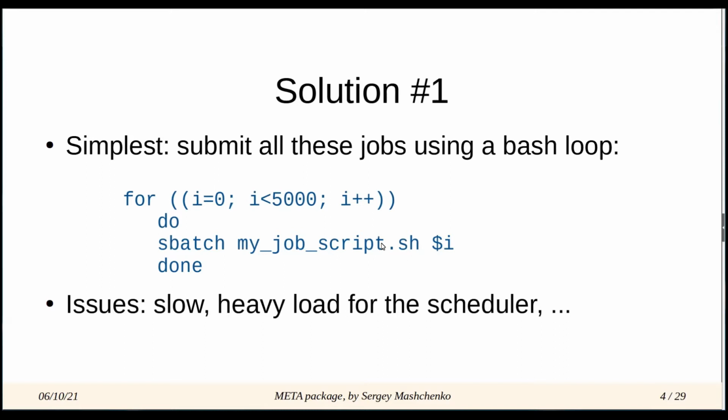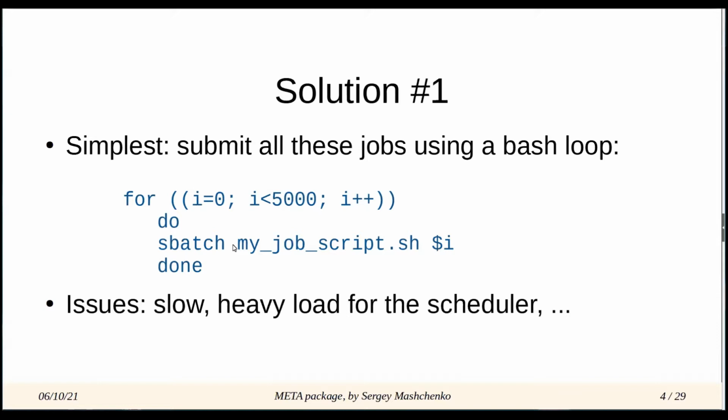So I have to interpret the index inside the script. For example, that index can correspond to a line number in the table, in the list of things I want to compute. As you can see, what I'm trying to do here, to execute 5,000 times one after another sbatch command, which is probably a bad idea.